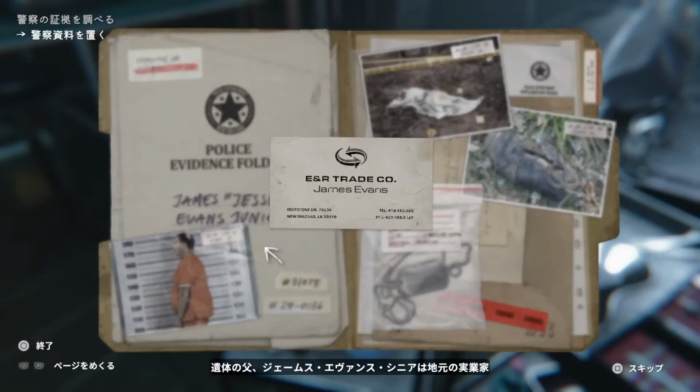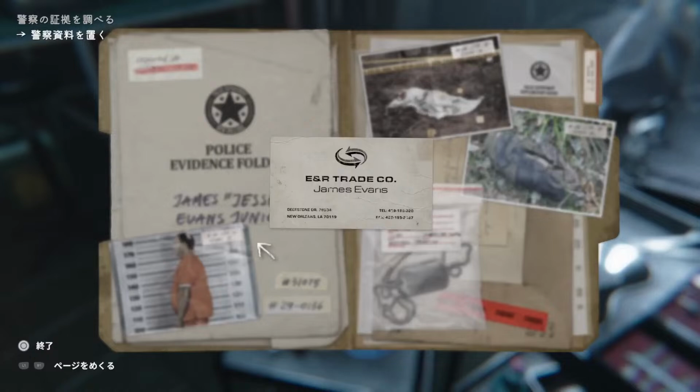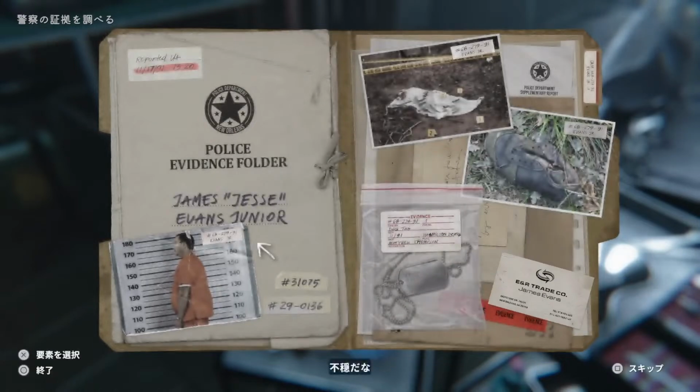The deceased's father, James Evans Sr., is a local businessman. He was the one who reported the disappearance. At the time of the report, his son hadn't been home for 3 days. Sounds disturbing. I wonder what condition the body is in then.